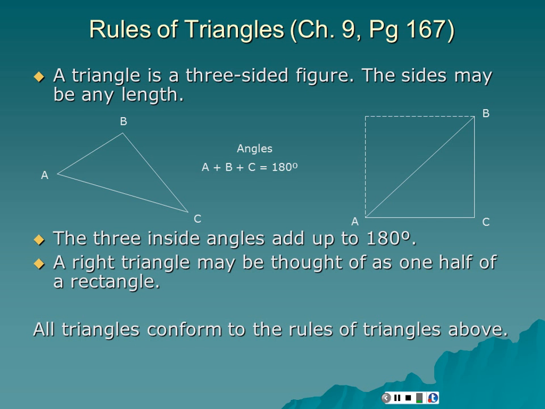So if you just divide any rectangle or a square by its diagonal, you will have two different right triangles. And any triangle will conform to the rules of triangles above. Doesn't matter what kind of triangle it is.